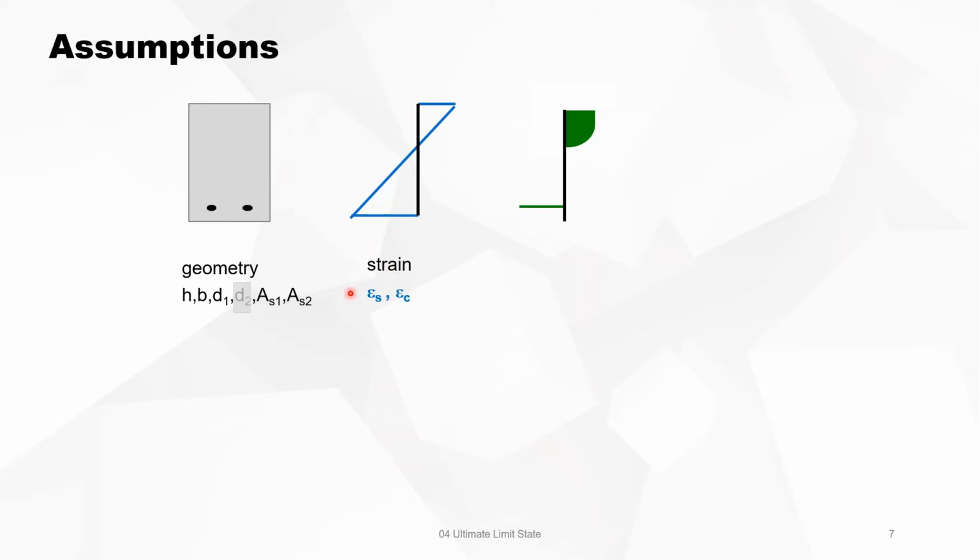Now we go to the strain. In the strain, we know that a plane before loading stays a plane after loading. So we only have two unknowns here, which is the strain in the concrete and the strain in the reinforcement. Then we go from strain to stresses. You have the stress in the concrete and the stress in the steel.